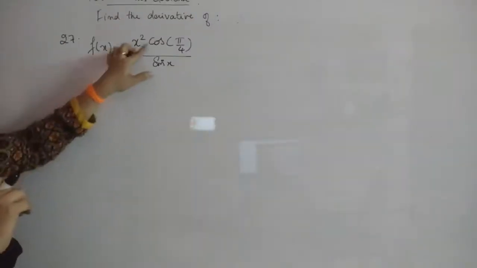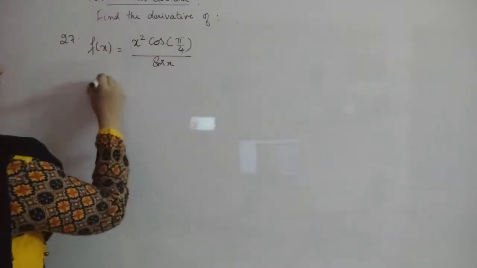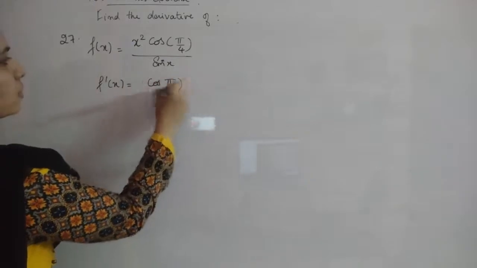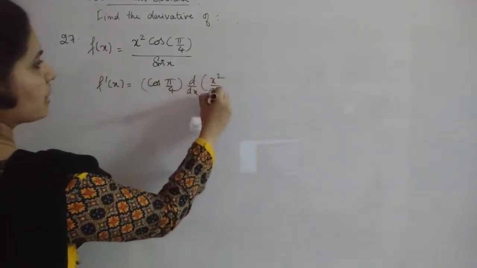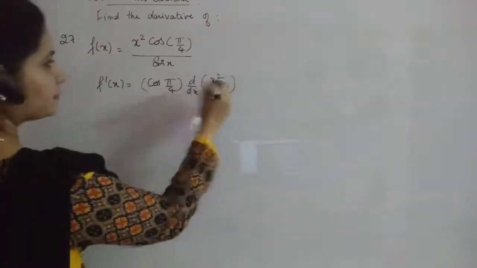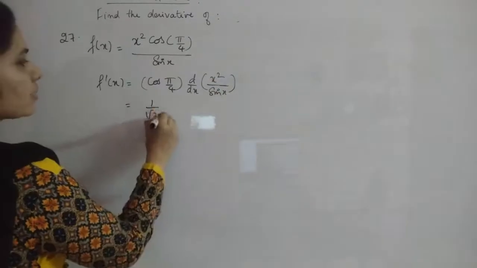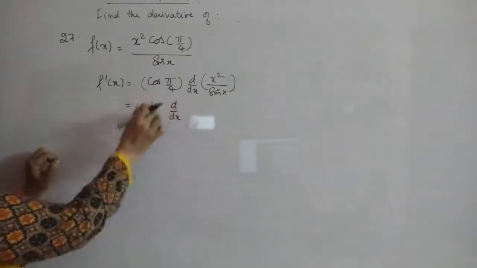f of x equal to x square into cos of pi by 4 divided by sin x will give you f dash of x as cos of pi by 4, which is a constant, into d by dx of x square by sin x. That is enough. Okay. Now what is cos of pi by 4? Cos of pi by 4 will give you 1 by root 2 into d by dx, or else you just keep it like that, then also it is okay.